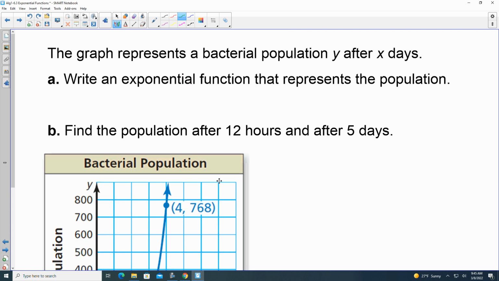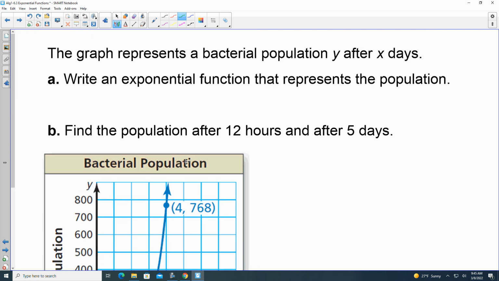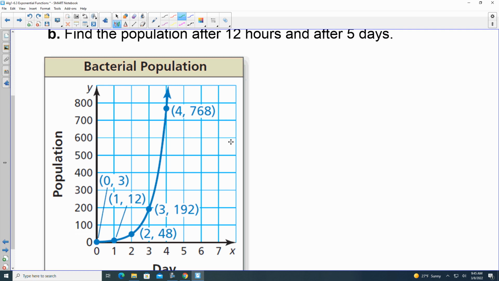Finally, what we have here, we have an exponential graph. It says the graph represents a bacterial population y after x days. They want us to write an exponential function that represents the population. So for instance, the one thing you want to do is, does it have the y-intercept?